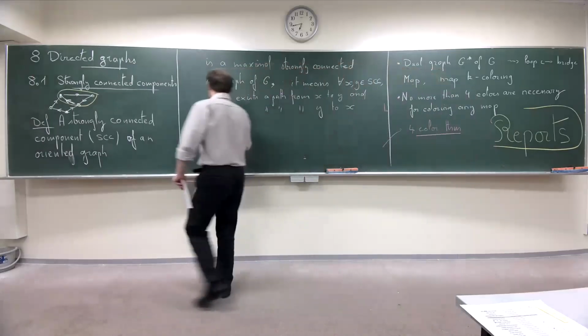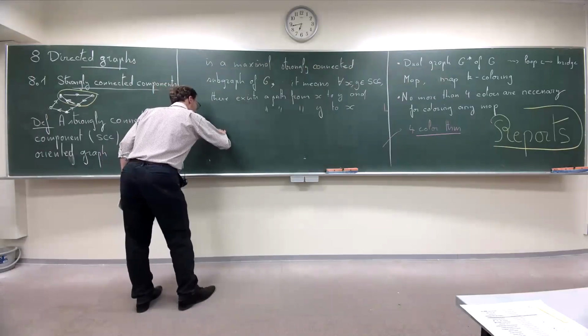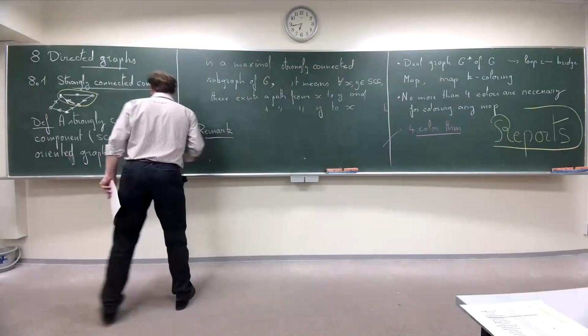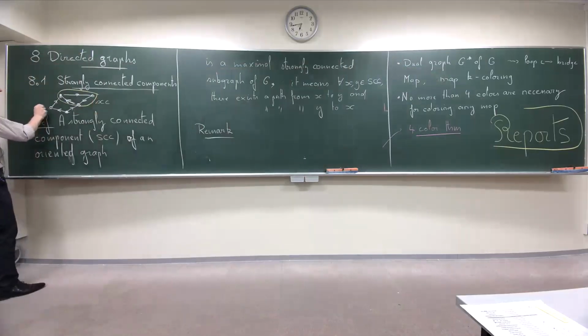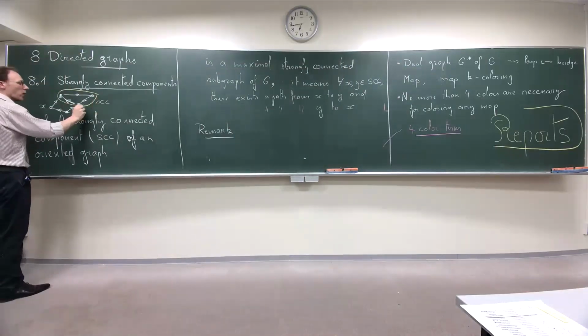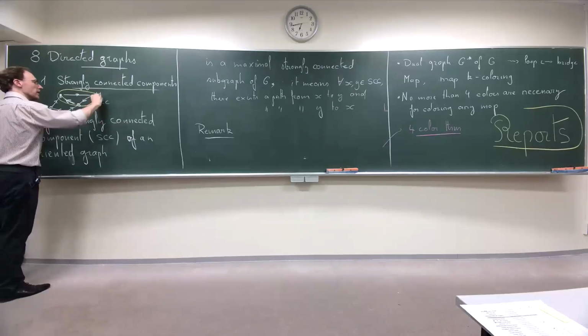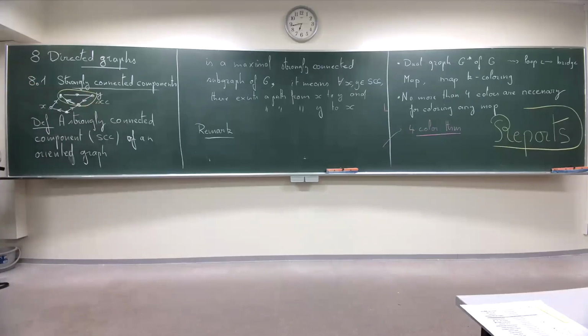Now, it's a remark. This is one strongly connected component. If I take an X here and a Y inside the strongly connected component, what does it mean between X and Y? It means either there is no path from X to Y, or no path from Y to X, or no path at all between these two.